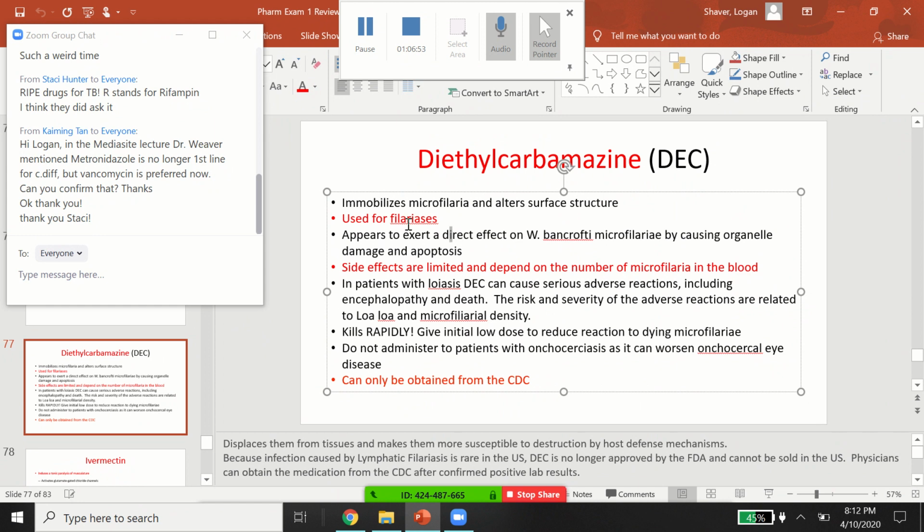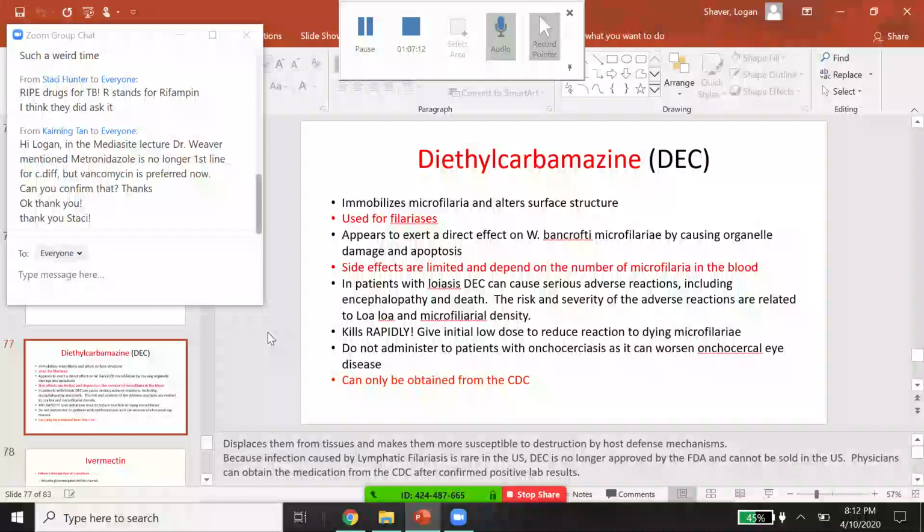So make sure you know that it's used for filariasis, however you say that. Side effects are limited and dependent upon the number of microfilaria in the blood. And it can only be obtained from the CDC. So more than likely you probably won't ever prescribe it anyway, but it's important to know that it's for filariasis, and that side effects depend on the number of microfilaria.